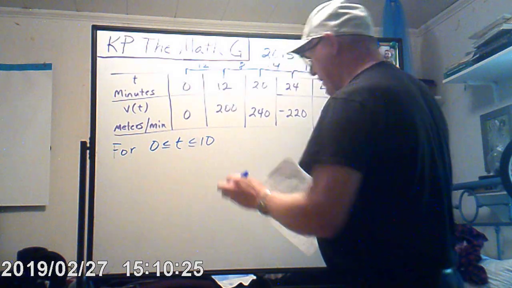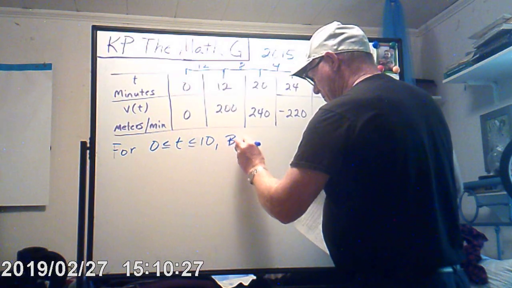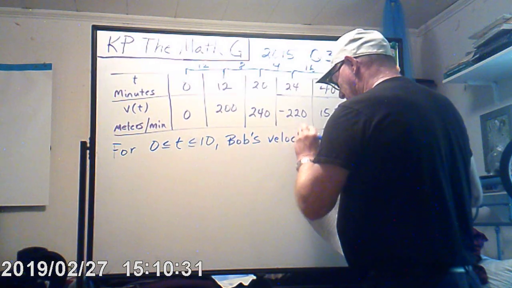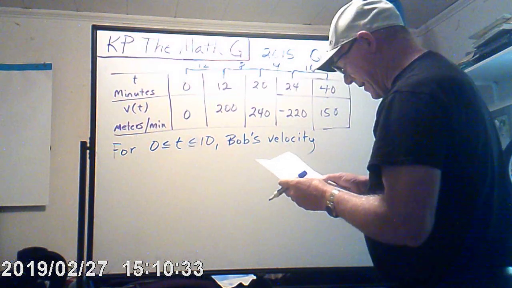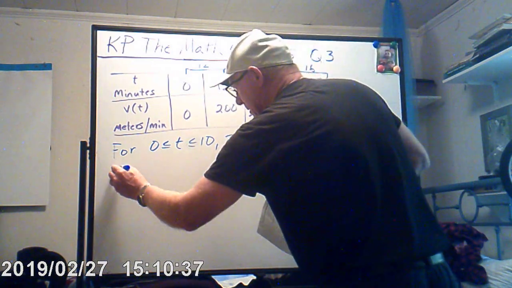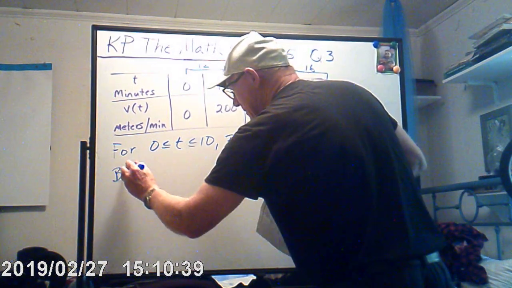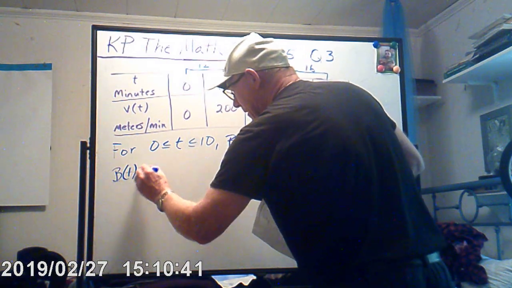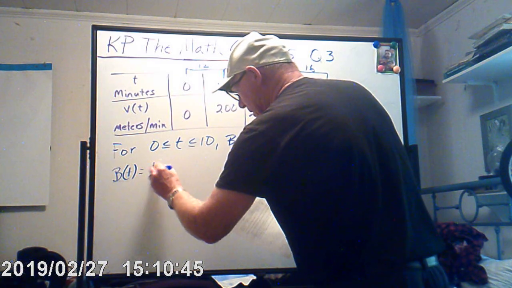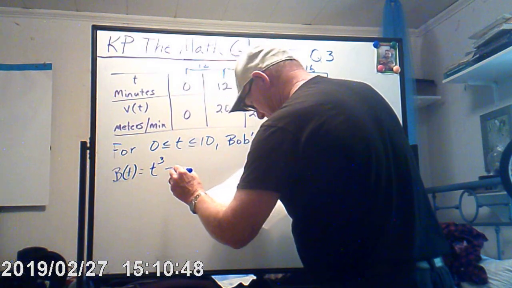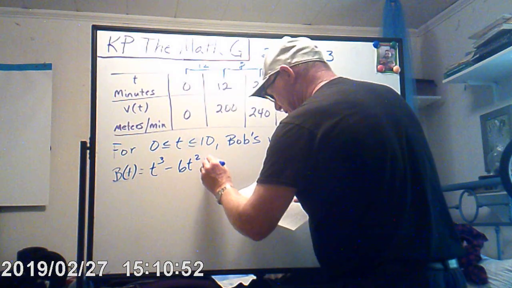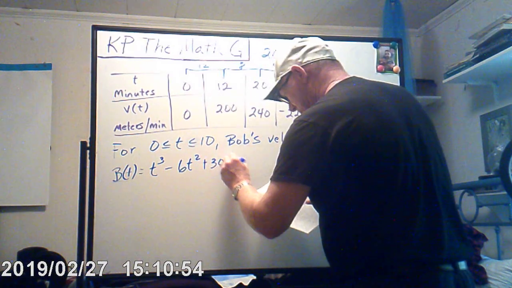Bob's velocity is given by B of t, equal to t cubed minus 6t squared plus 300.